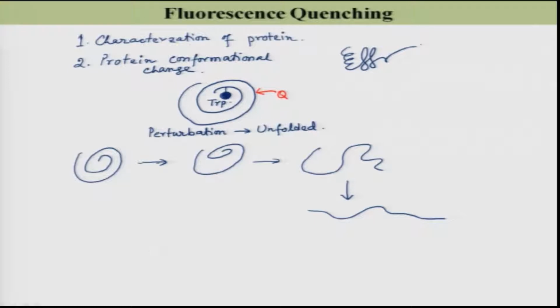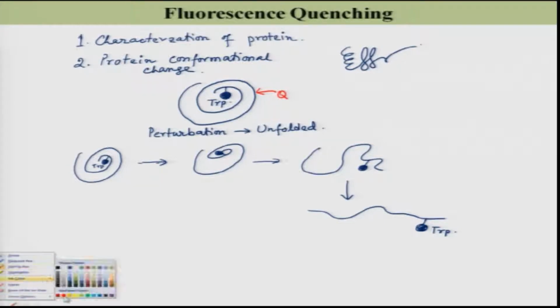Okay. So, that tryptophan which was originally here in the buried location, this is my TRP, is now over here, still in the buried location. Now, it is opened somewhat, and now it is fully open. This is my tryptophan residue. So, depending on the condition, depending on the secondary structure of this protein, the accessibility of the quencher will be different.